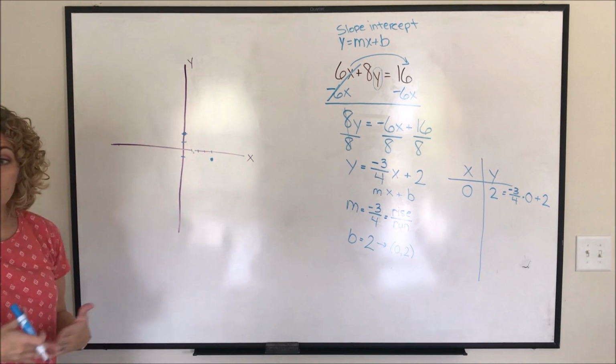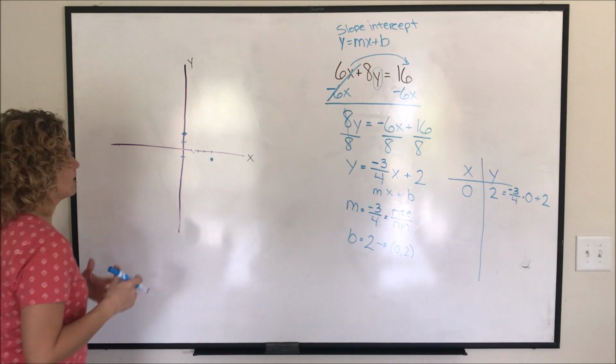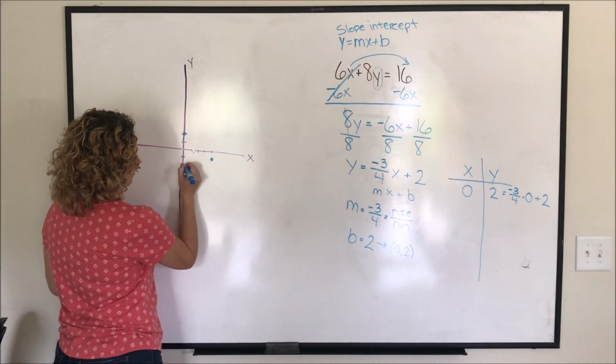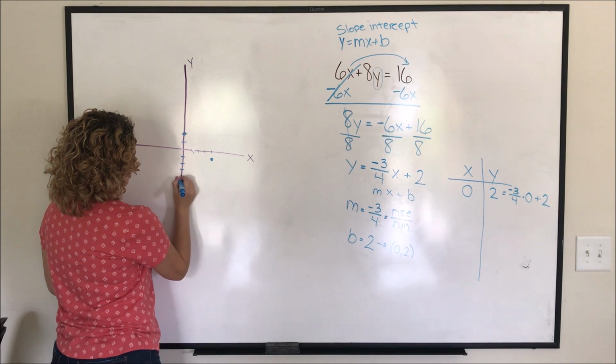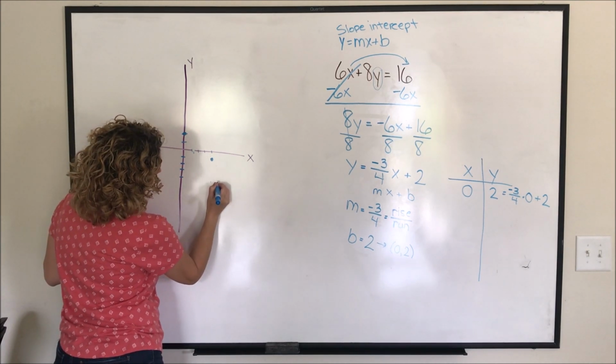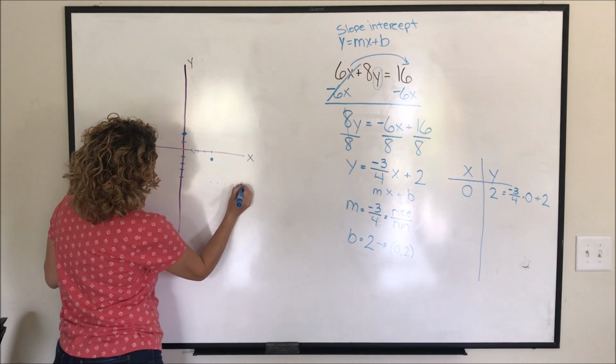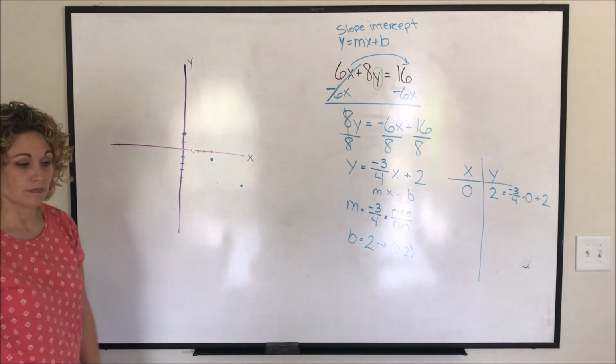Okay? 2 points do make a line. I like to make one more point just in case. So from this point, I'm also going to run -3, or rise -3, and run 1, 2, 3, 4. So right about there. Okay?